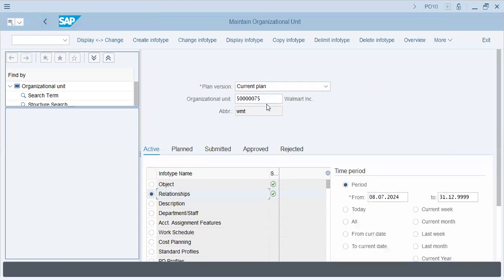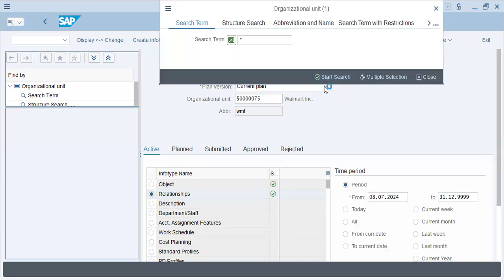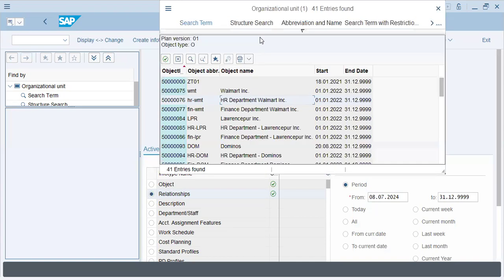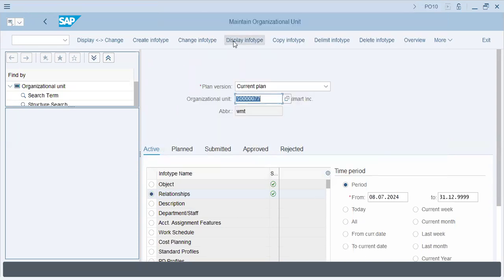And if I have to see other, let's say, HR department or finance department, Walmart. This is the finance department of Walmart.